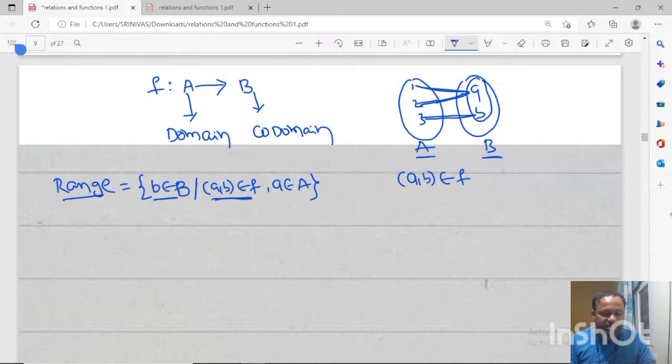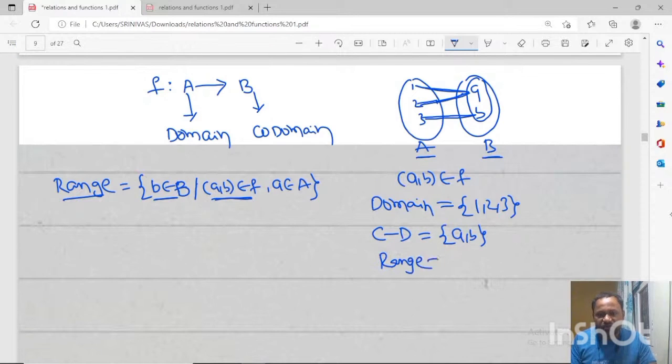So that means I can say that from the given diagram, domain is the set {1, 2, 3}. Codomain is the set {A, B}.